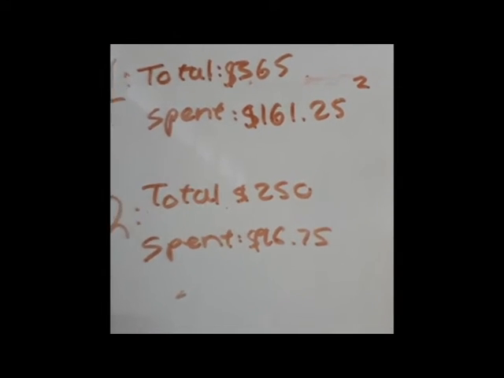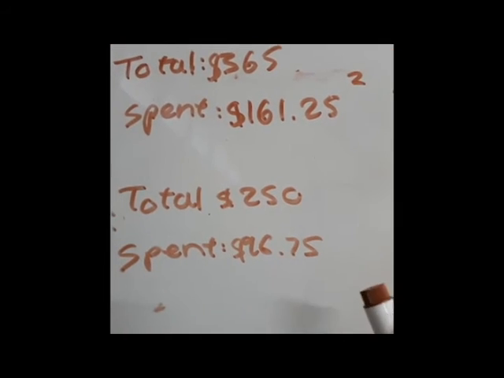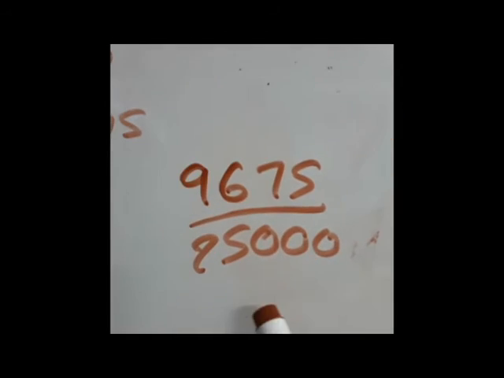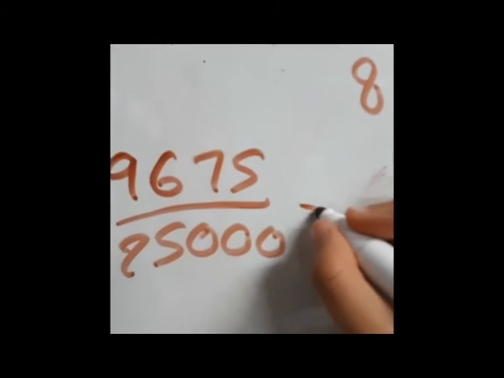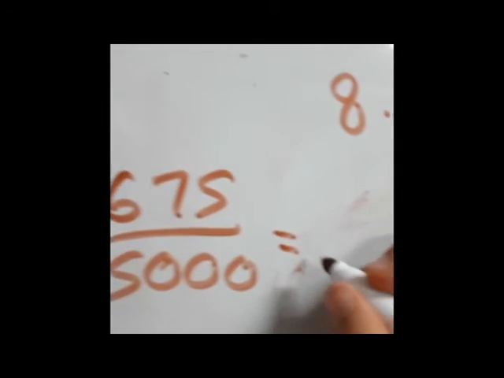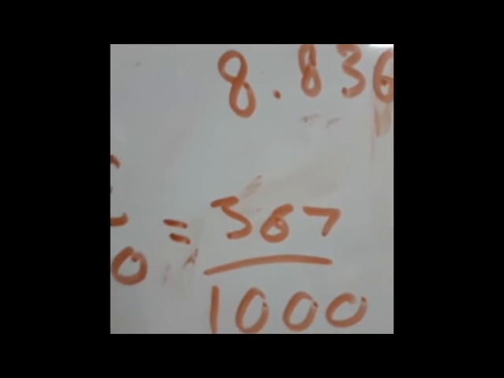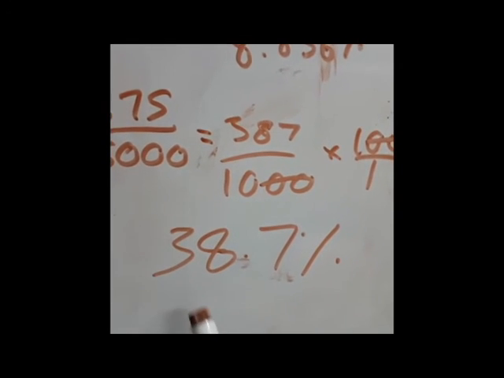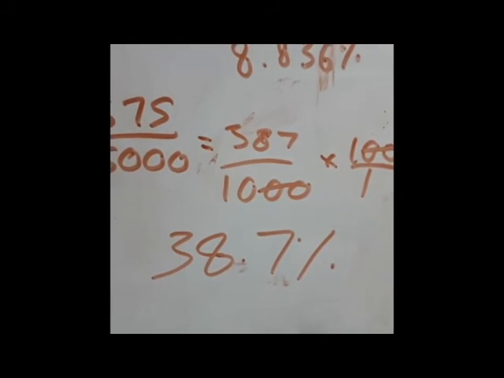Now let's move on to week 2. The total is 250 and she spent 96.75. Let's write that as a fraction. And when you simplify this, the answer would be 387 as the numerator over 1000 as the denominator. And now you multiply this by 100, giving us an answer of 38.7%.